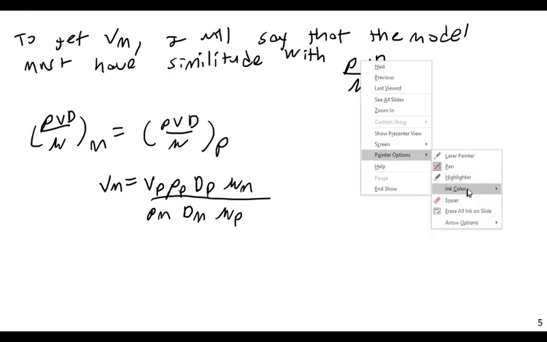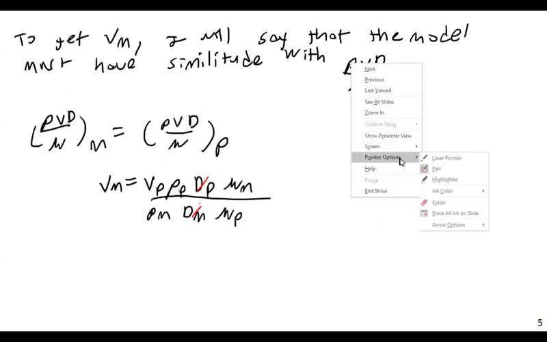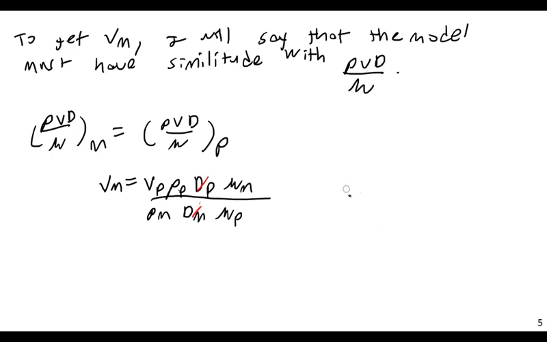And the two diameters, the dp and the dm, are the same, so they're just going to cancel out. And then this will allow me to directly calculate my velocity for the model, my vm.